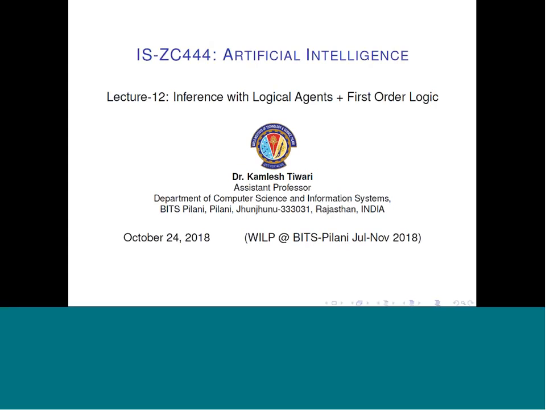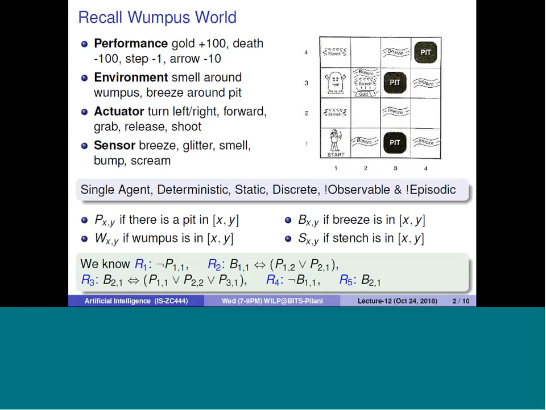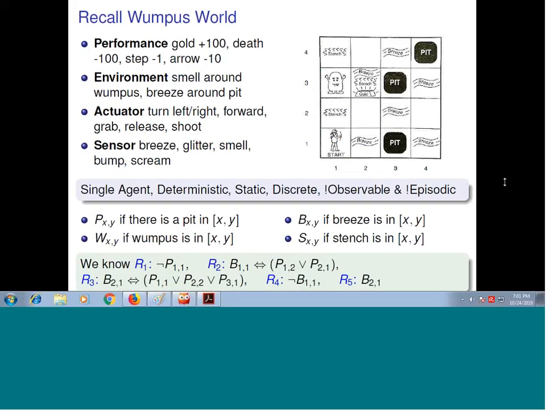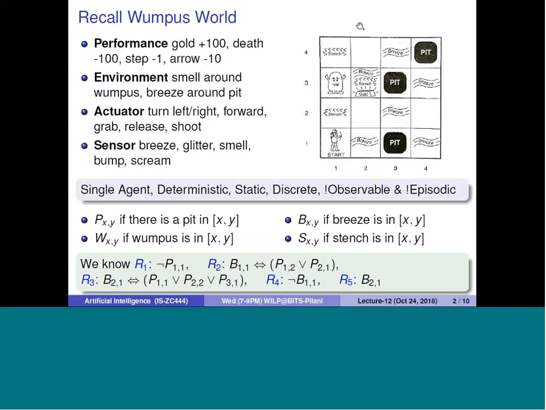Okay, let's start. I would take you to this example that is not new for you, and we have seen this in the previous class also. This is the Wumpus world. It is a 4x4 board, where every cell can have a Wumpus, some pits, or some gold.